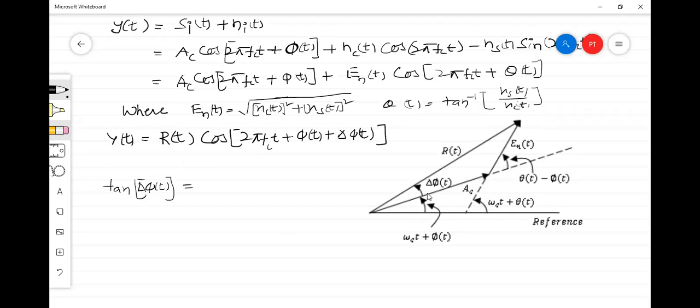So when you take tan Δφ(t), that is the angle here. When you draw the projection of this onto this axis, it forms a right angle triangle. So tan Δφ(t) equals the opposite side. The opposite side here is the projection of this one, e_n(t) sin(θ(t) minus φ(t)).